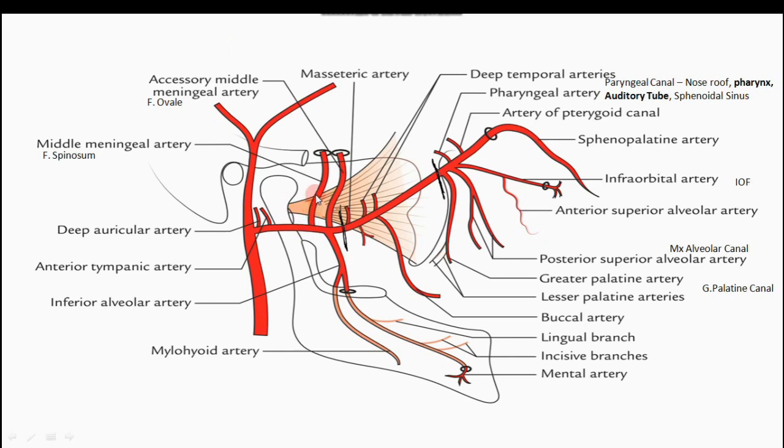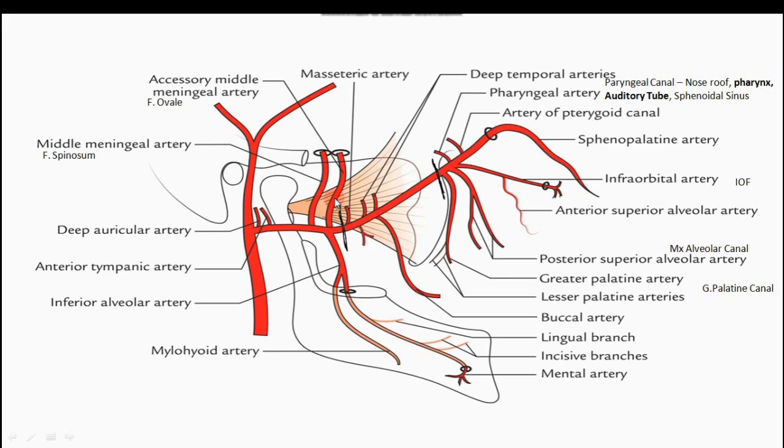This one is known as the middle meningeal artery, and this artery ascends superiorly and passes through a foramen known as the foramen spinosum. It enters the middle cranial fossa and supplies the meninges and also the bone. So it supplies more to the bone.